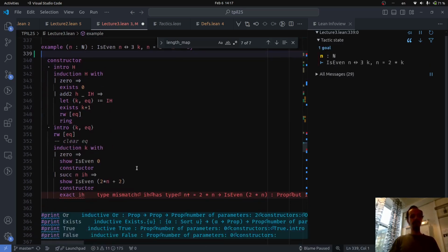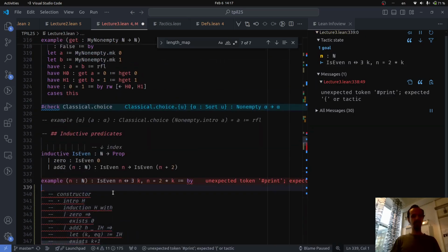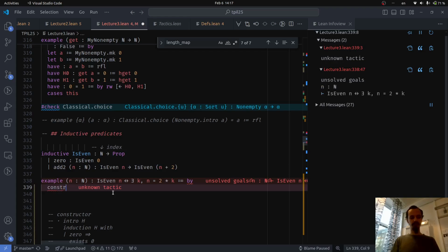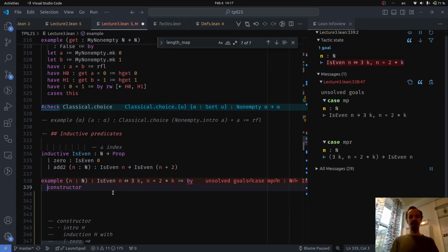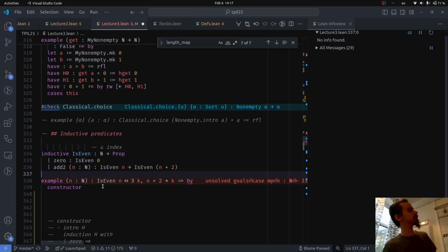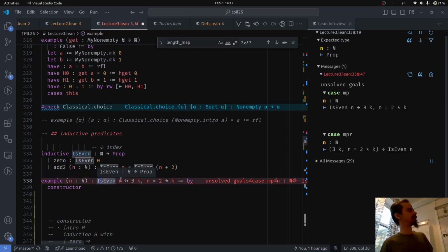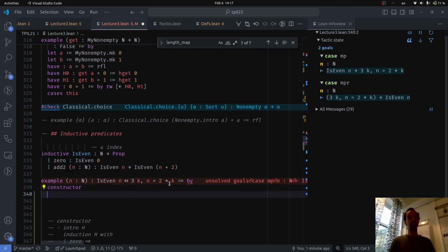So I'm going to comment all this out and do the proof in front of you so that hopefully you can see how we work with these proofs. What I want to prove in this situation is that IsEven n is equivalent to: there exists a k such that n is equal to 2 times k.